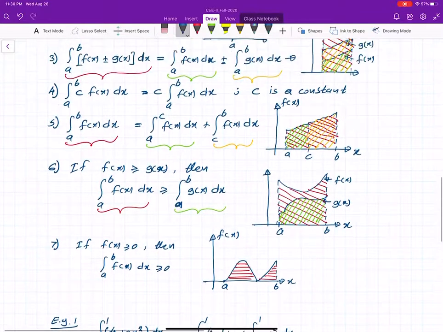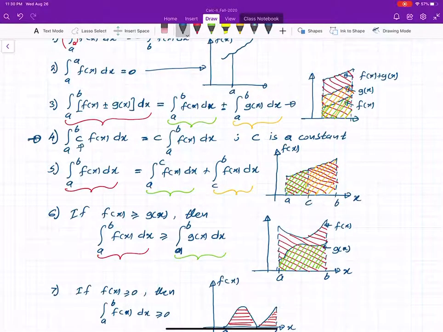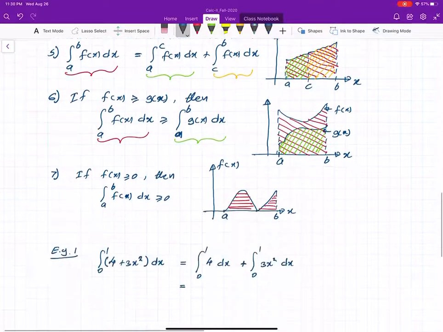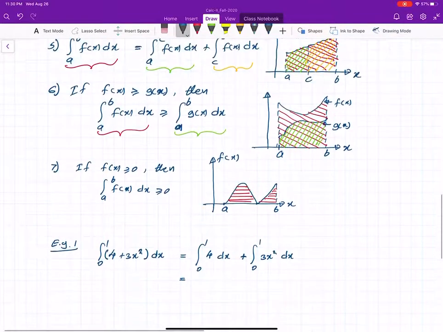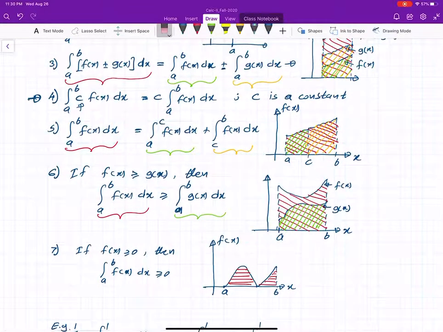The next property to be used is, this is a constant, you see, property number 4. In property number 4, C is a constant, so you can take C out. Let me erase that.